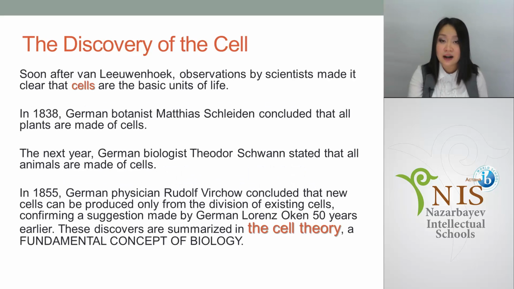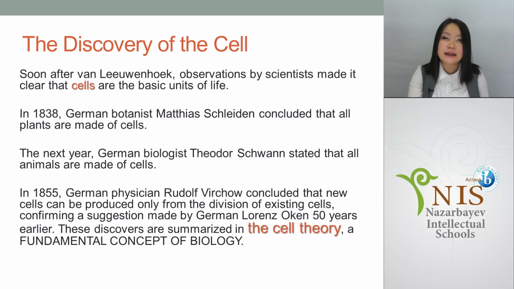And from that time started the discovery of the cell. Soon after, Van Leeuwenhoek's observations and those of other scientists made it clear that cells are the basic units of life.